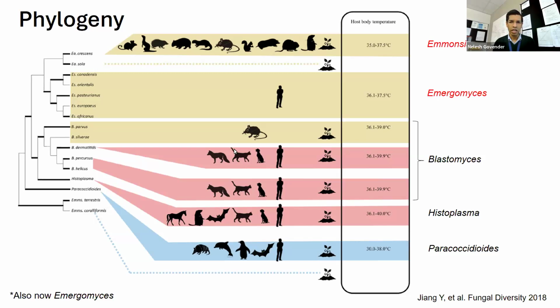It was named Emergomyces because of the apparent emergence of these closely related pathogens around the world. Of course it's an apparent emergence, because this fungus has been around for probably hundreds, if not thousands, of years, and the emergence is more a consequence of the refined molecular diagnostic techniques we now use to diagnose patients, rather than a truly recent emergence.